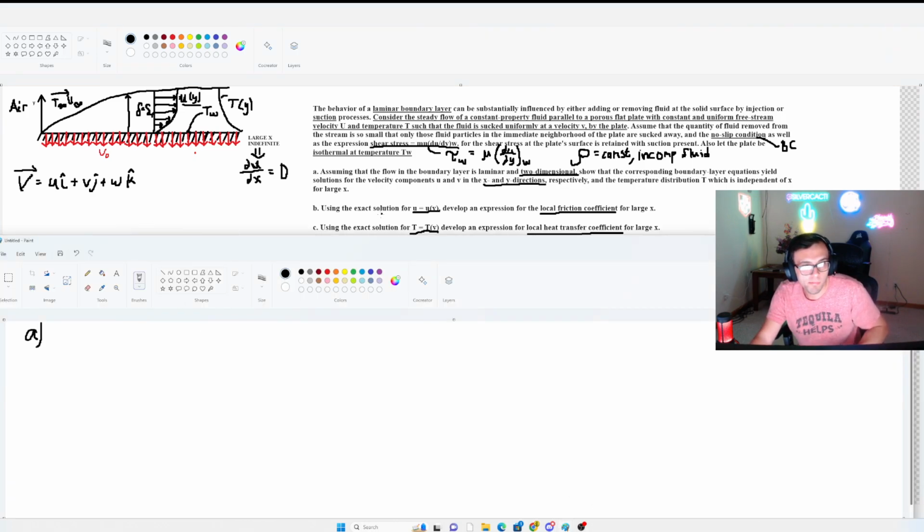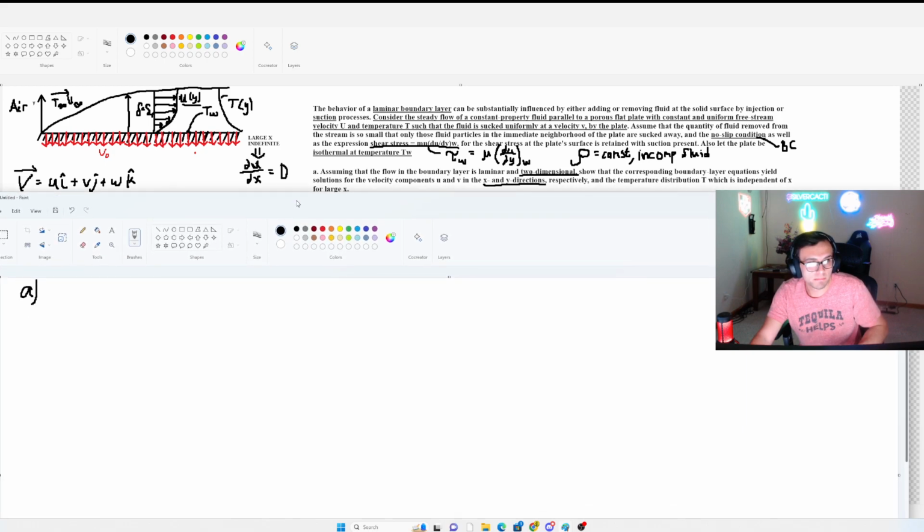Let's get to it. I'm going to move this up a little bit. Okay, so we have this with the large X. That's something to think about as well. So the first one is the continuity equation. Basically means conservation of mass, as I said before.